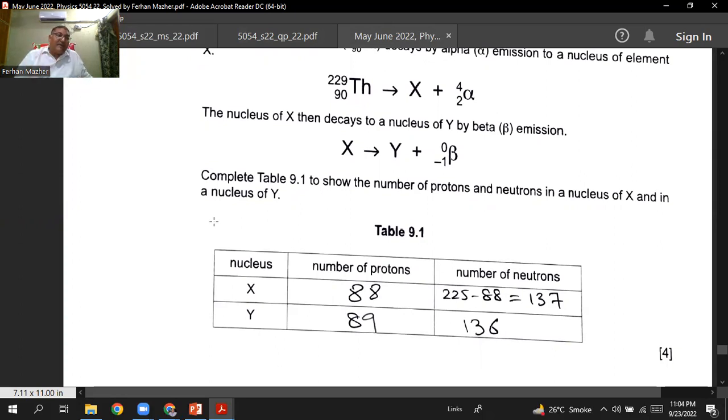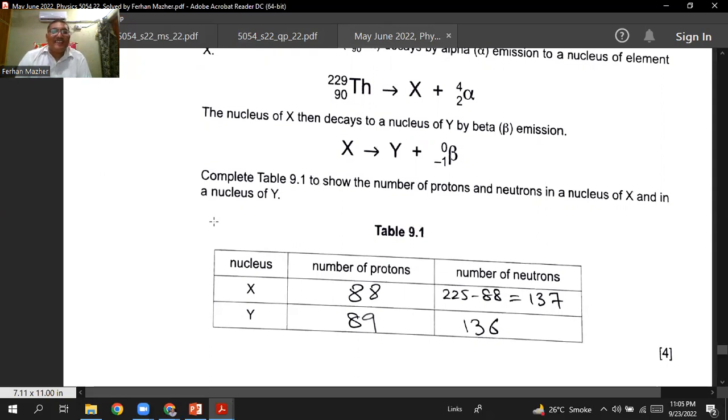Whenever a beta particle is given out, the proton number increases by 1, the nucleon number remains the same, and the number of neutrons decreases by 1.